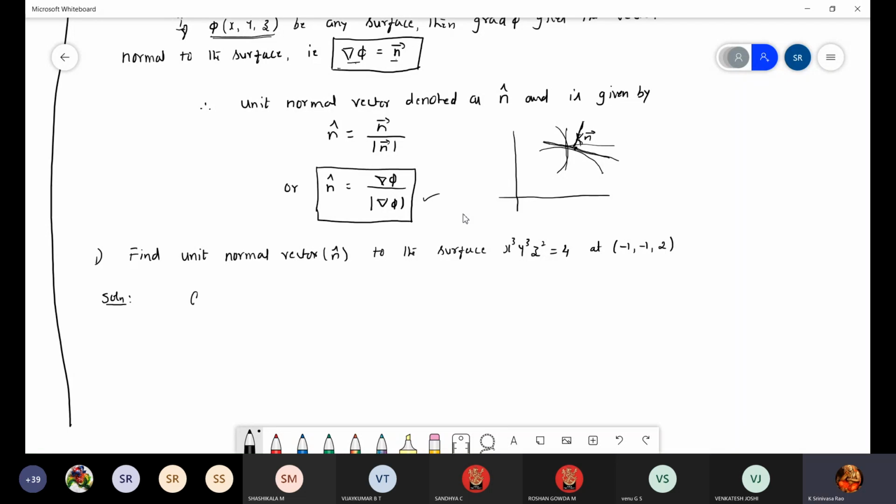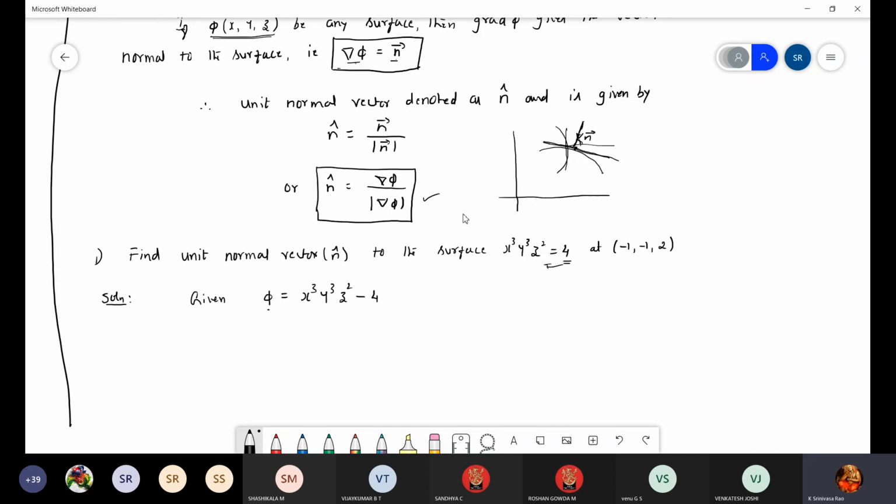Given phi equals x cube y cube z square, and take that 4 to the left hand side, -4. Whatever constant they give on the right hand side, you have to shift to the left side and assume the RHS to be 0, and the complete LHS you take as phi.